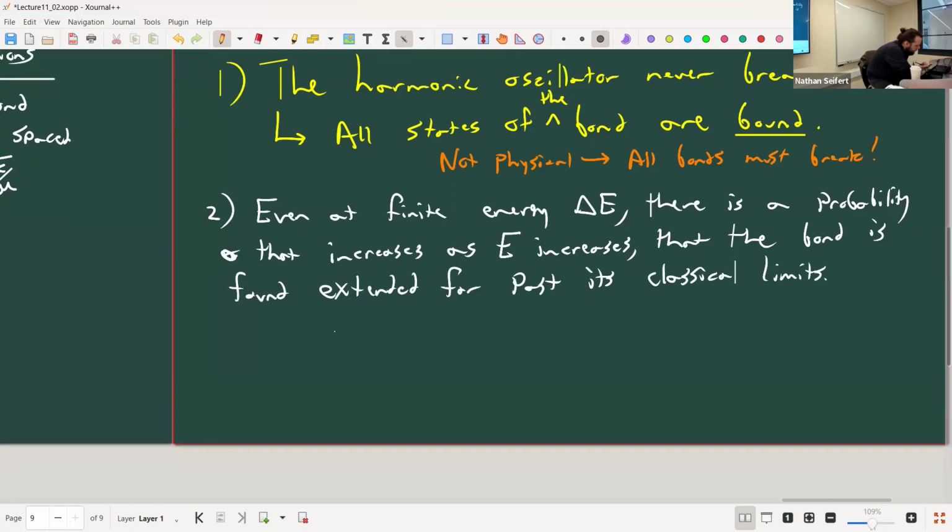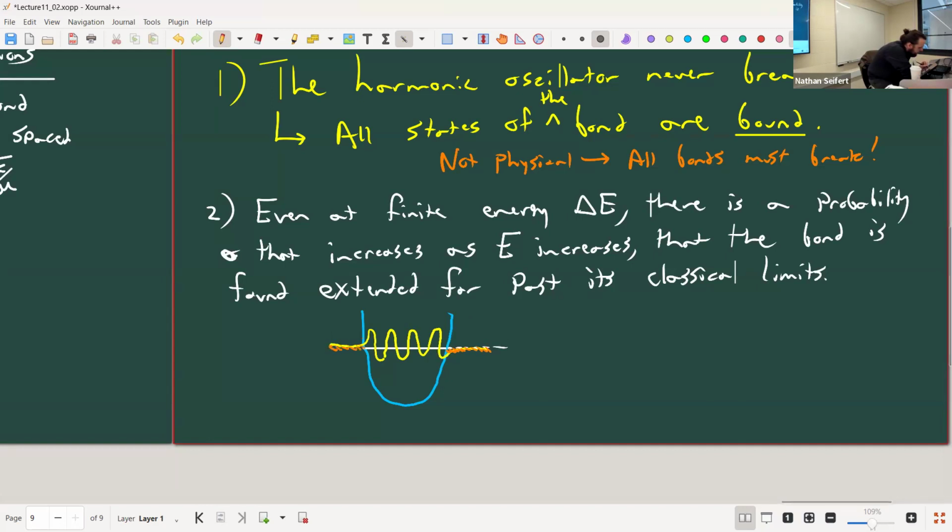And the idea again is that if you have this potential and you have some energy level, here's our energy level at delta E, and it's got some oscillatory behavior. Maybe it looks like this on the inside. The point is that it goes out to infinity like this, and the probability that it will be longer than the classical turning points is this area under the curve out here.